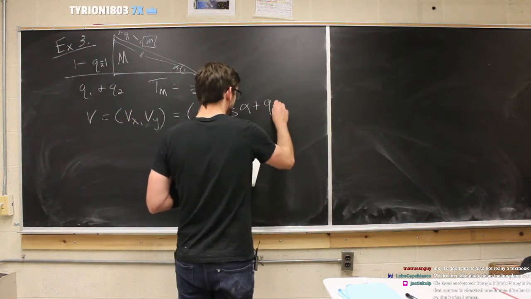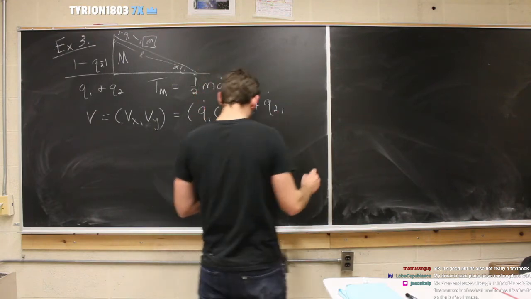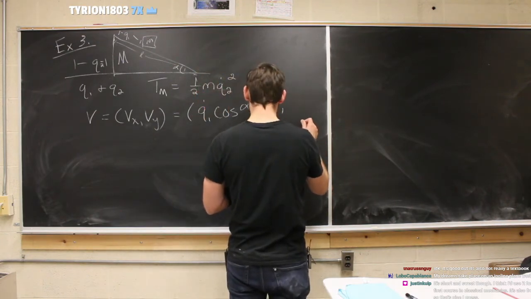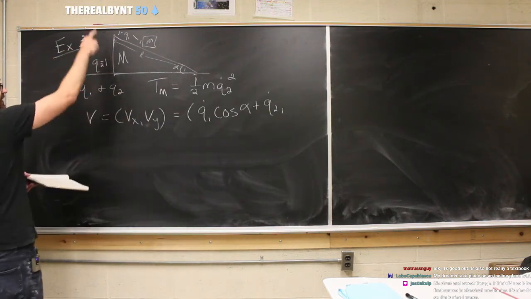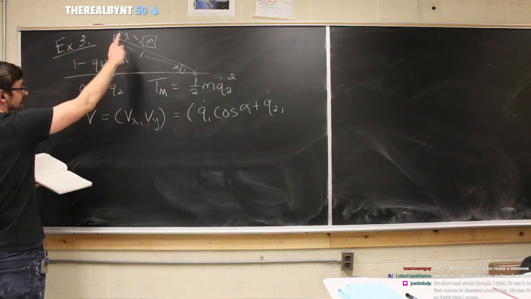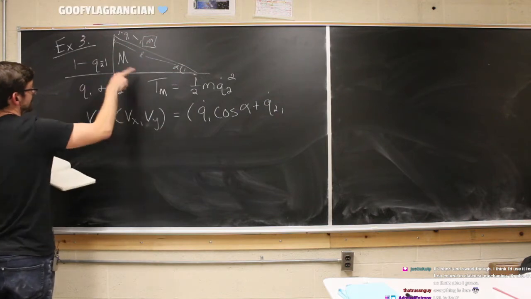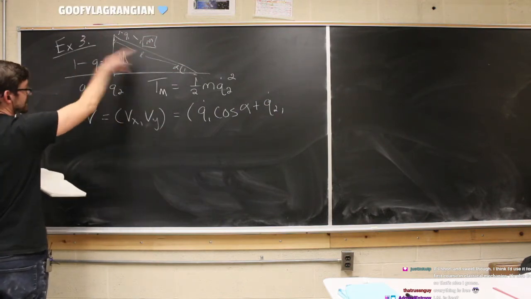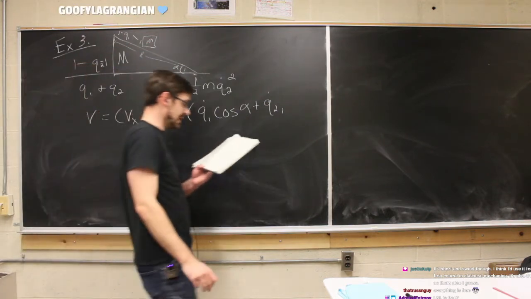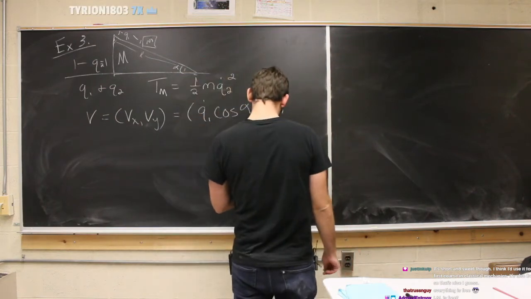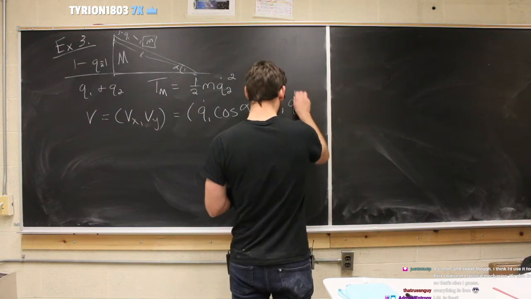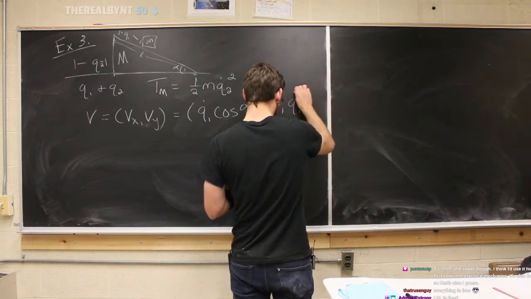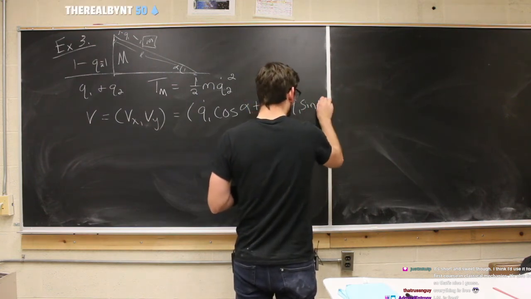Plus Q2 dot. So this is the velocity of the x component, which would be that way, but also the velocity of Q2, because as it slides, we're going to gain that velocity as well. And then the other one, Vy, is Q1 dot sine of alpha.